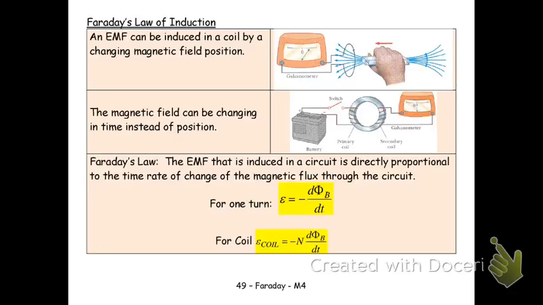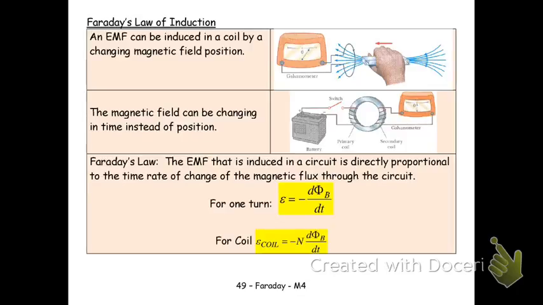I only get current flow in this loop of wire, the one that goes through the meter, when the magnet is moving. If I make the magnet stronger and move it, I'll get a bigger deflection because I've got a stronger magnet moving backwards and forwards. If I move the magnet faster, I get a bigger effect.